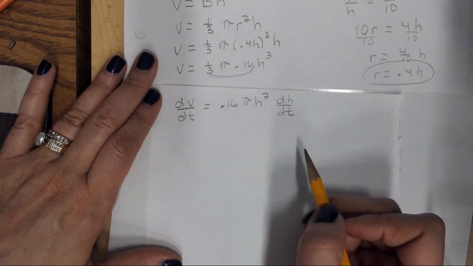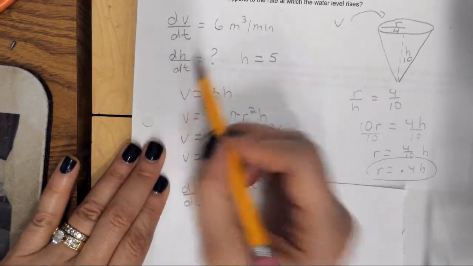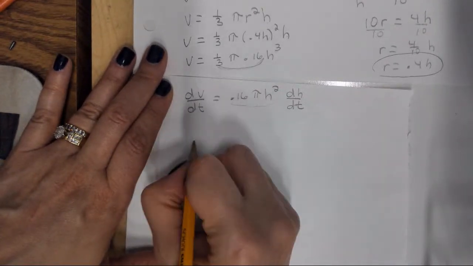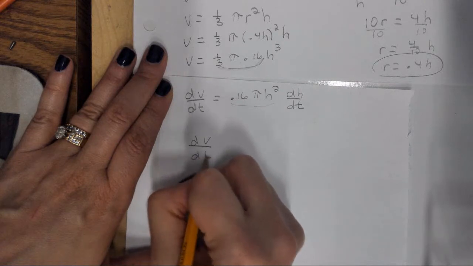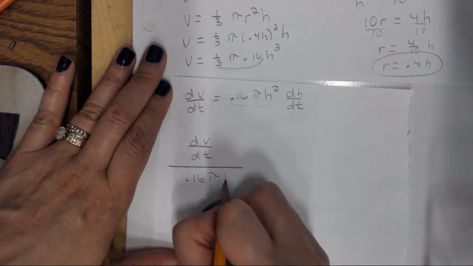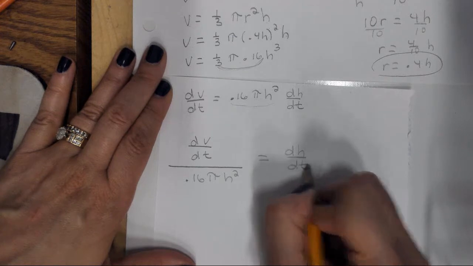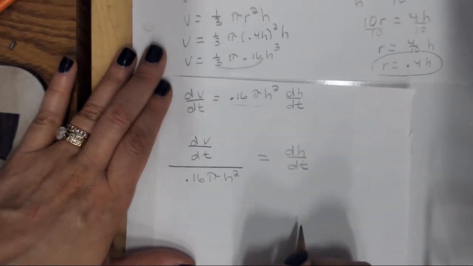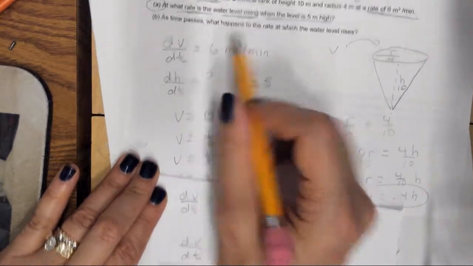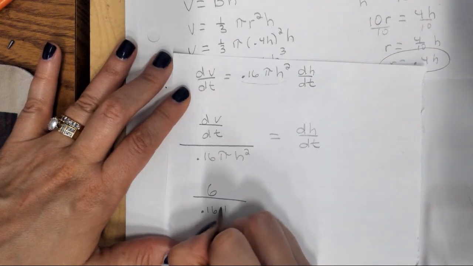I differentiated. Again, I'm looking for dh over dt. So let's isolate this. I'm just going to divide this whole thing over. dV over dt divided by 0.16 pi h squared equals dh over dt. And now let's plug in what we know. Well, dV over dt is 6. So I have 6 divided by 0.16 pi.